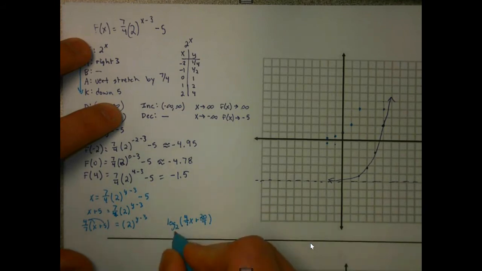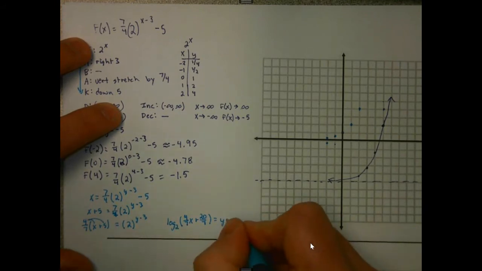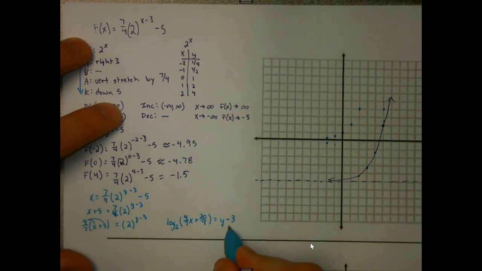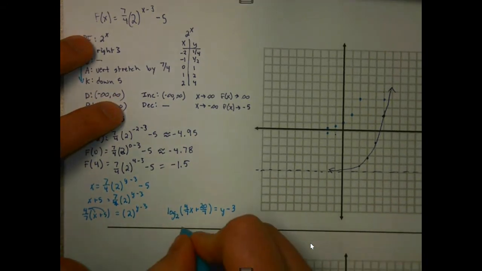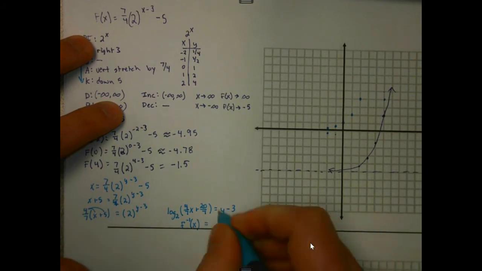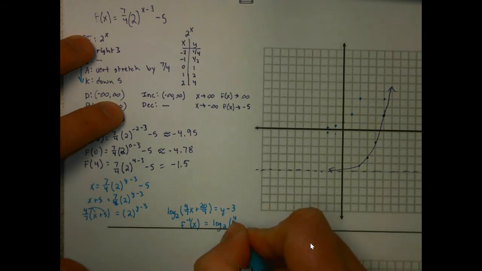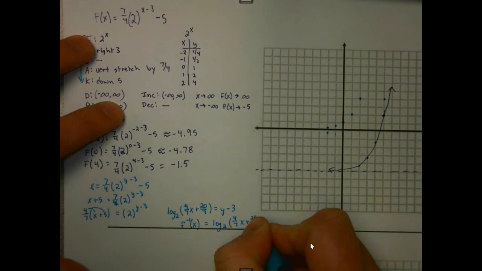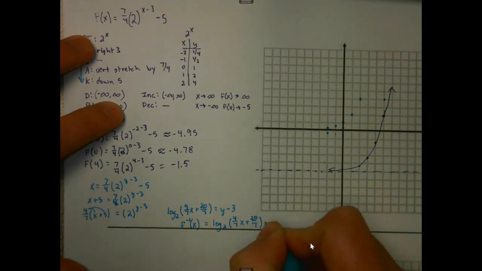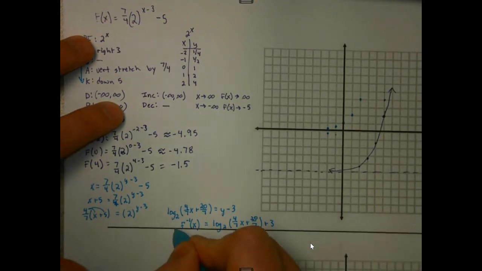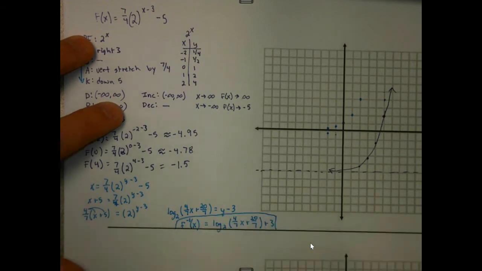So log base 2 of that equals y minus 3. And then you just have to add your 3 over. So your inverse, f inverse of x, equals log base 2 of 4/7 x plus 20/7 plus 3. Okay, so there's your inverse.